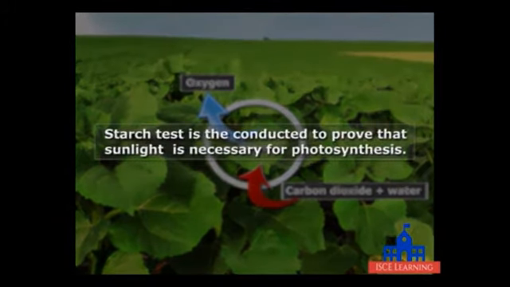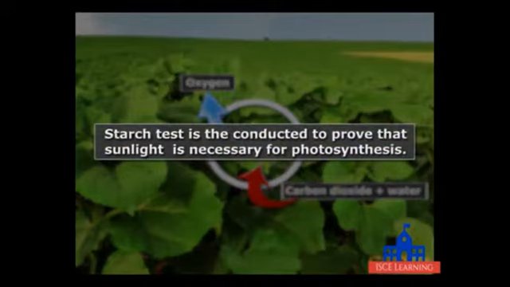Starch test is conducted to prove that sunlight is necessary for photosynthesis. Initially, destarching of some leaves is done. Some leaves of the plant to be studied are covered with a strip of paper or foil. This is done before dawn to block the sunlight.